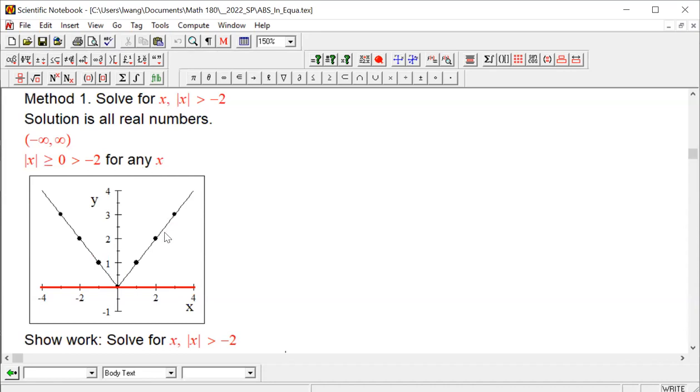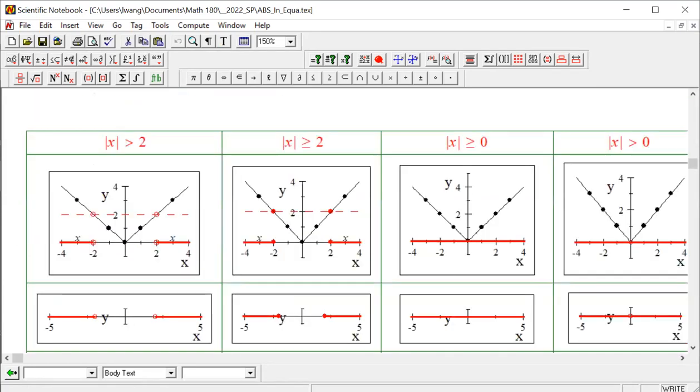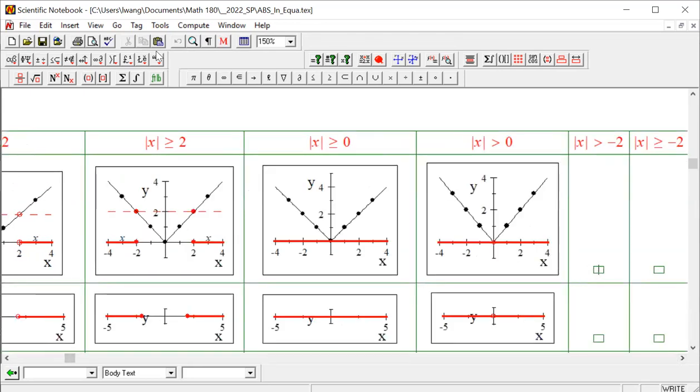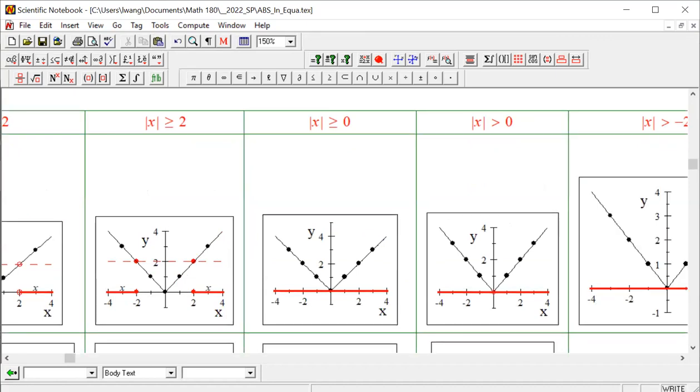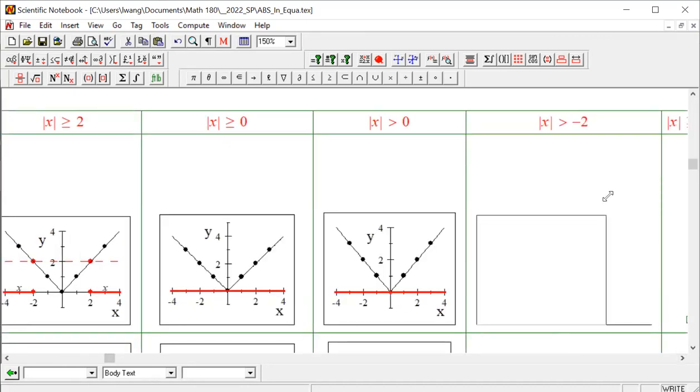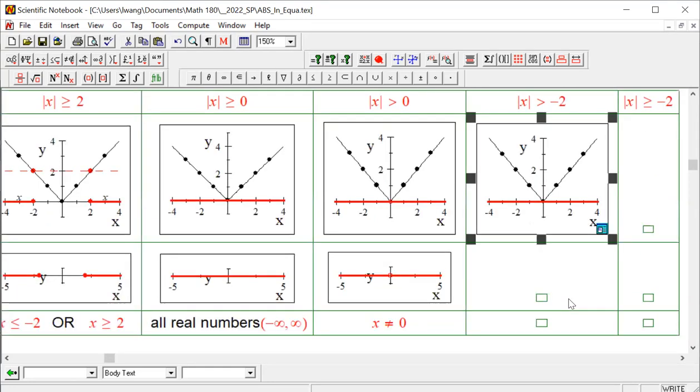Okay, so this is this method. In the case of larger than -2, for that matter, larger than -3, larger than -10 will be the same thing, right? All real numbers. And this one is all real numbers but 0, right?